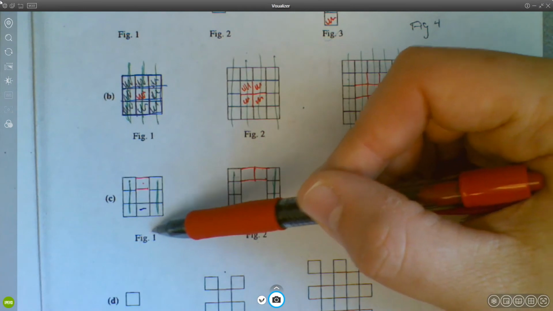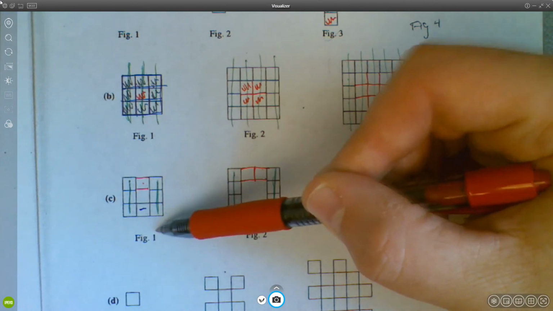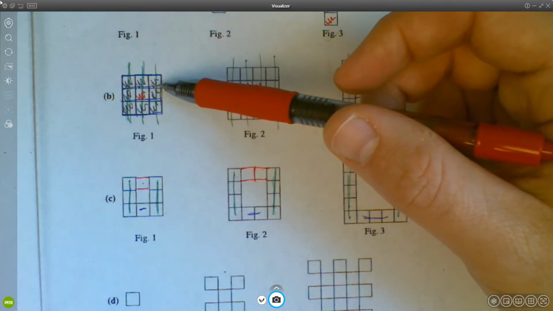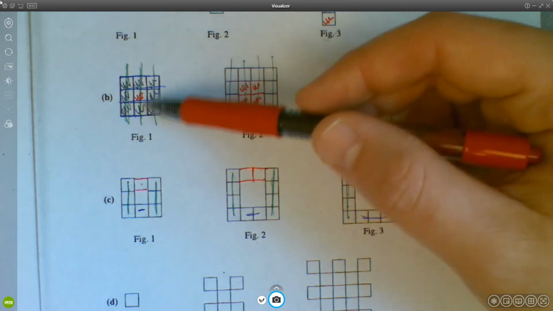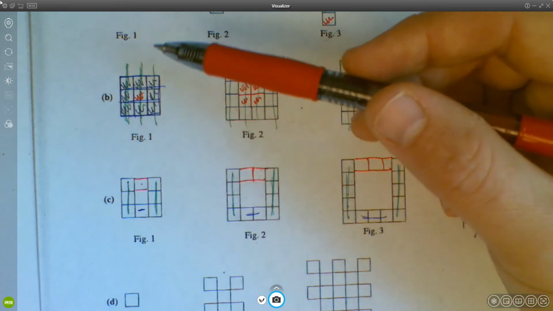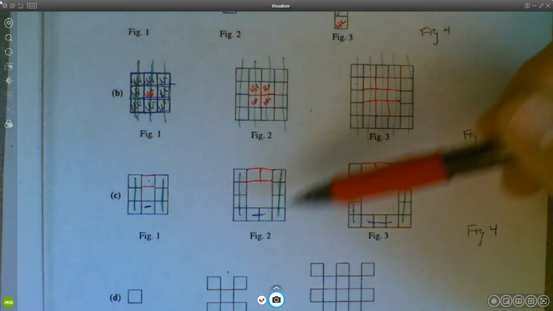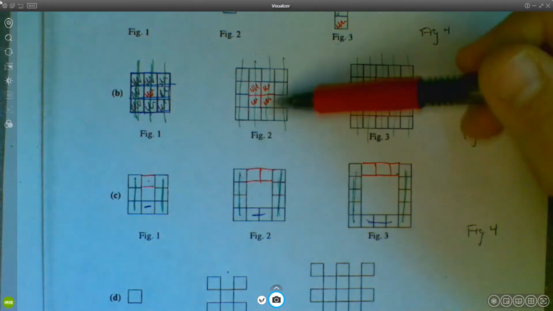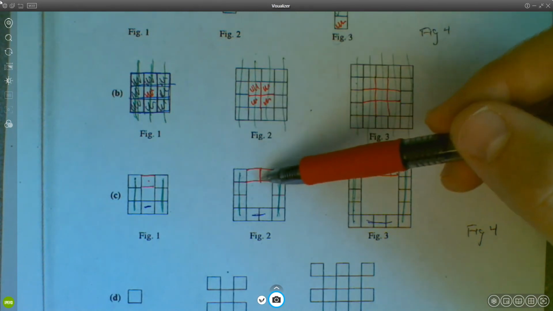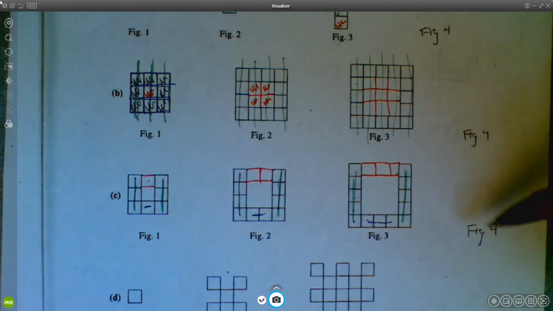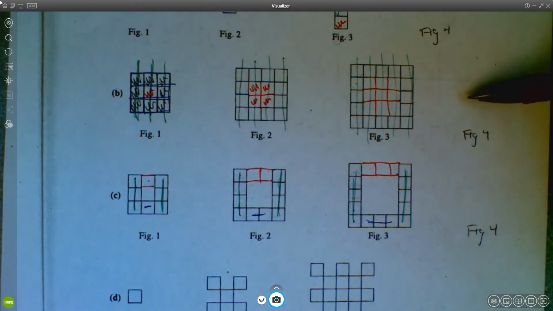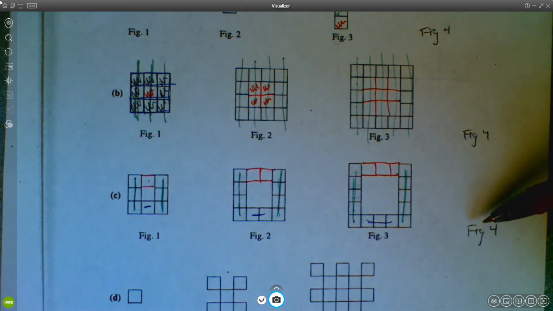So you're always missing the figure number. So if you go back to the work that you did in part B, you could say figure 1 is whatever I wrote down for part B minus 1. And figure 2 is whatever I wrote down for part B minus 2. And figure 3 is whatever I wrote down for part B minus 3. So figure 4 would be whatever I wrote down for figure 4 minus 4.